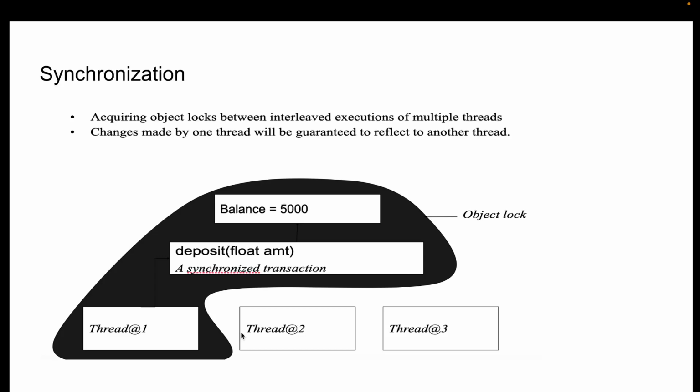It again makes a deposit, the amount gets updated to 7,000, and thread 2's job is done. Then thread 3 acquires this object lock, comes into the picture and deposits that particular amount, and then the amount is reflecting 7,000 plus 1,000, that is basically 8,000.